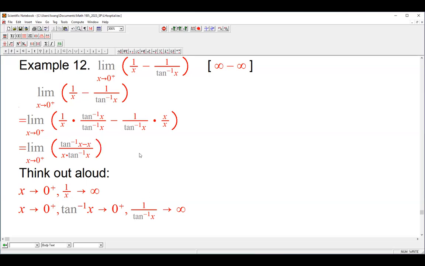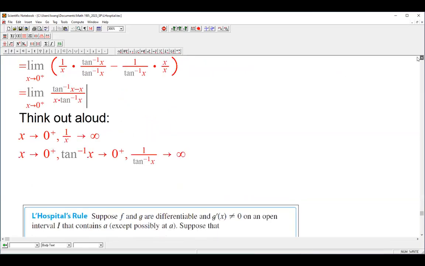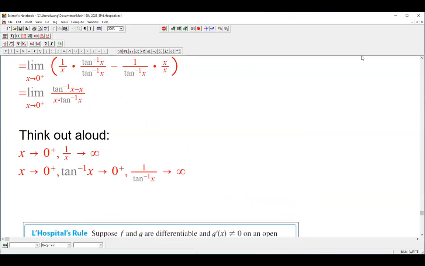We have this form of the function: arctangent x minus x over x times arctangent x. Well, x is approaching 0. The numerator is approaching 0. The denominator is approaching 0. So we finally have a L'Hopital rule applicable case.